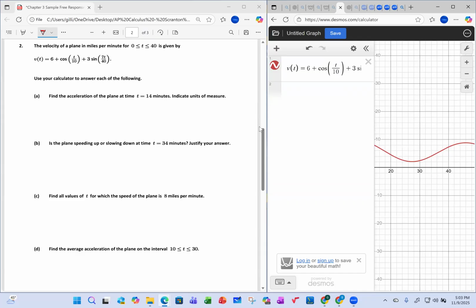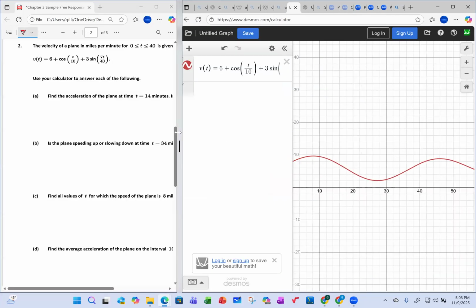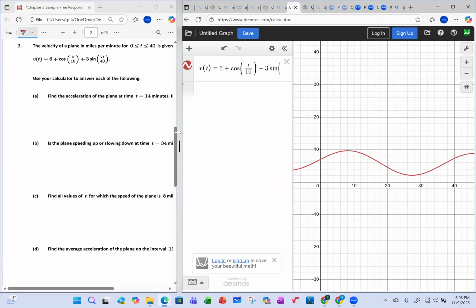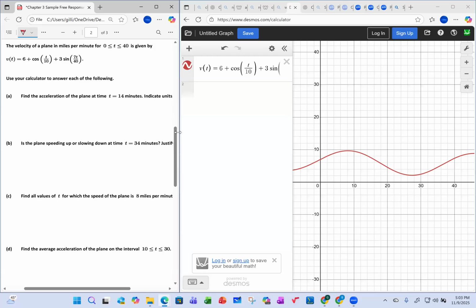This is the hard part with these screens, you got to make them, I'm only going from 0 to 40. So find the acceleration of the plane at time t equals 14 minutes. So that's just going to be v prime at t equals a at t. So I guess I can just do this. Why not just go v prime at 14?